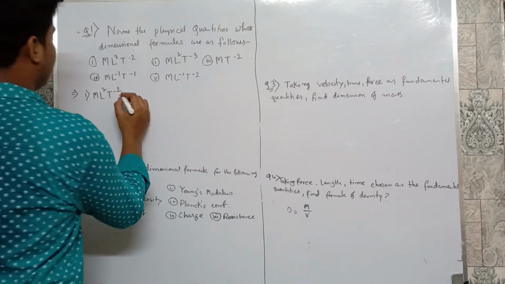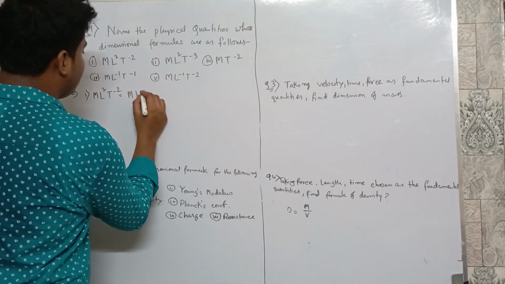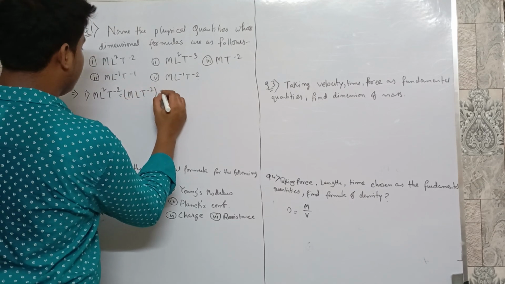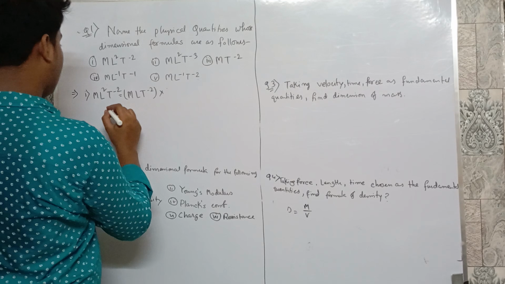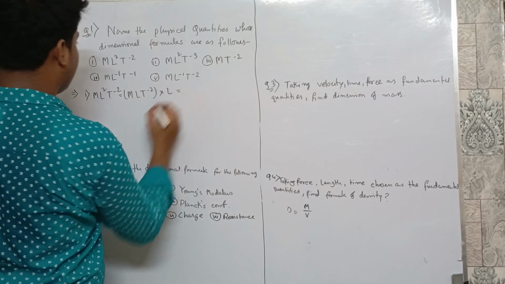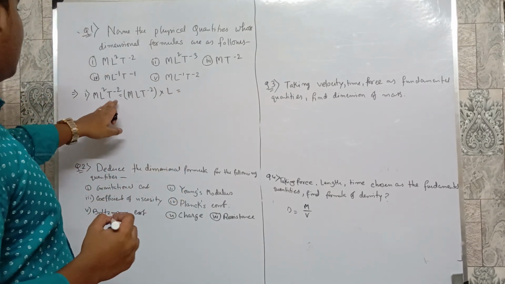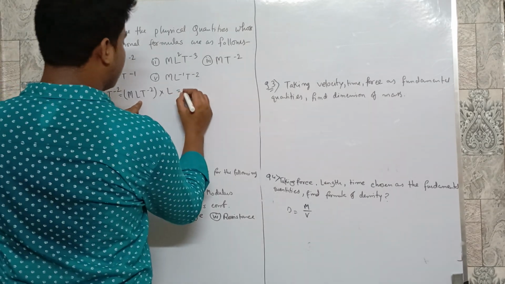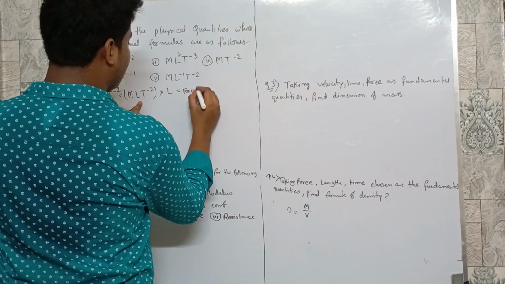The first is given as M L square T minus 2. It can be written as M L T minus 2 into L. This part is the dimension of force, and this is length.